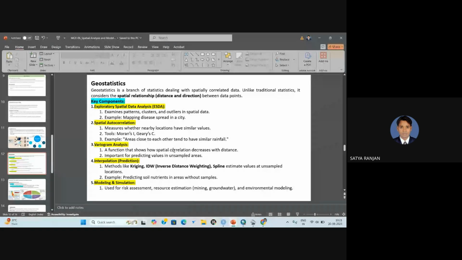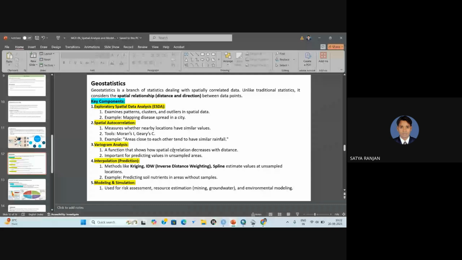Most of the time, socio-economic statistics are there. But in our remote sensing GIS platform, if you give information about particular spatial data and different statistics, then it is a geostatistical analysis.